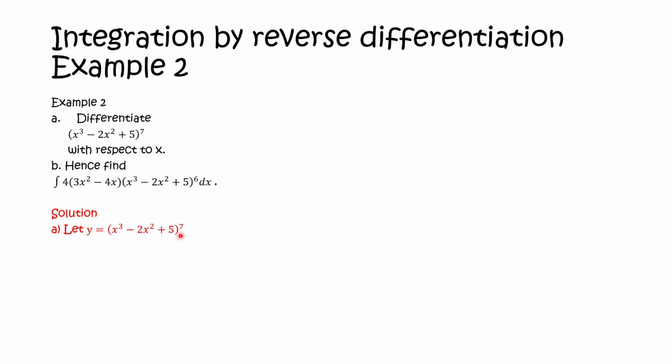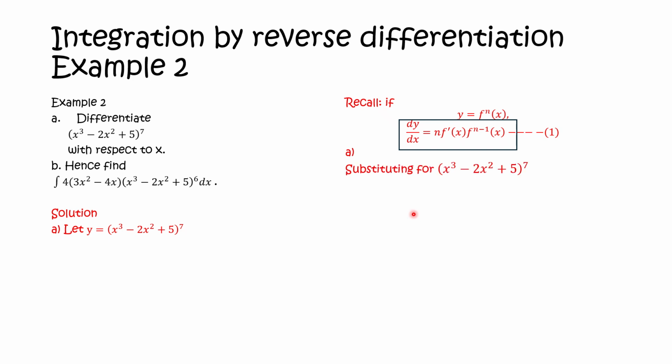So with that, we also consider how we differentiate a function f of x raised to the power n, equation 1. We now substitute for what we have. For instance, our n is a 7 here.